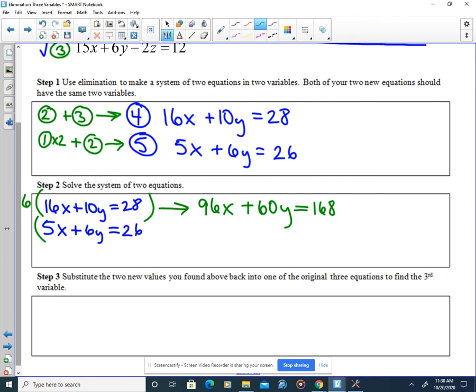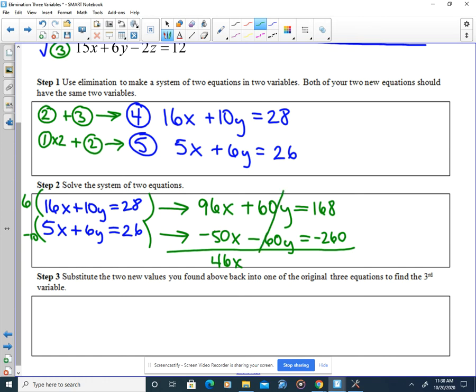What am I going to have to multiply the bottom equation by? Well, we're going to have to multiply by negative 10. So what we end up with is negative 50x minus 60y equals negative 260. All right, let's add these together. 96x minus 50x is 46x.